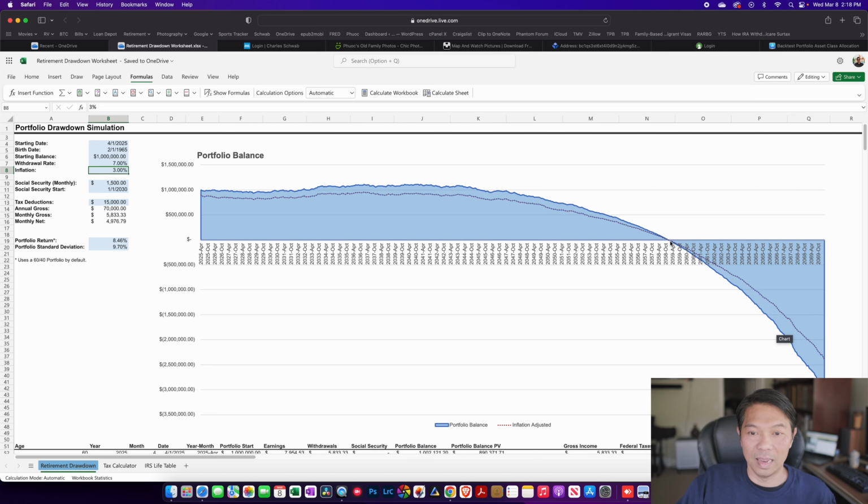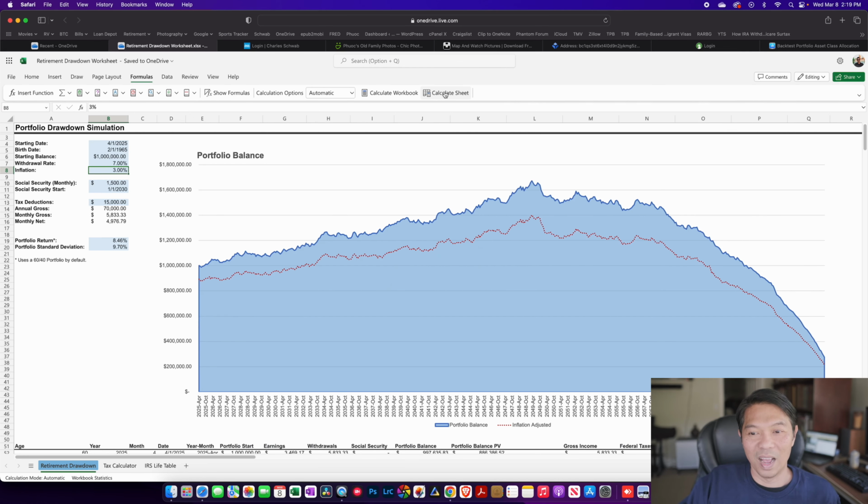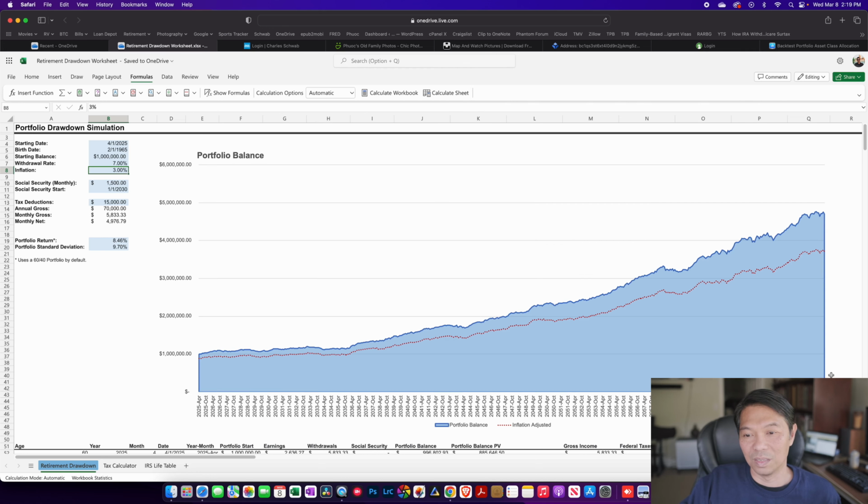And in this case, you ran out of money in around 2059. So you can keep recalculating the sheet. With a high withdrawal rate, sometimes it works depending on your sequence of returns, if you get a favorable sequence of returns, and sometimes it doesn't. So the higher you go, clearly you can see that there are some failures.